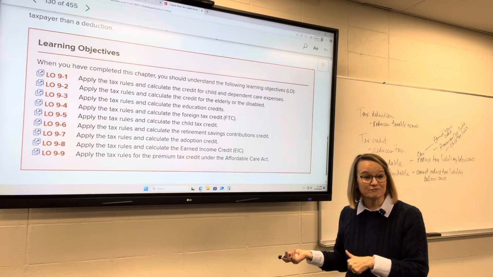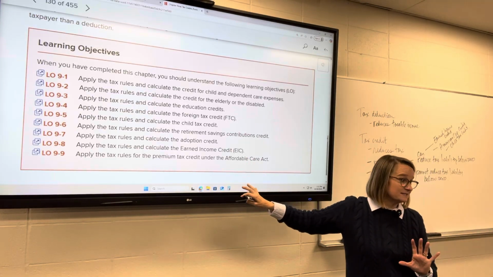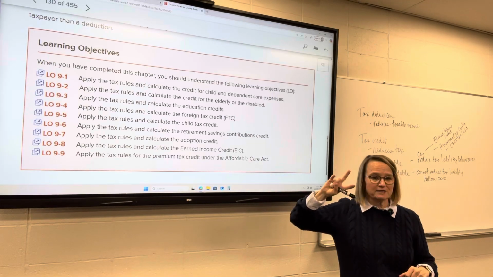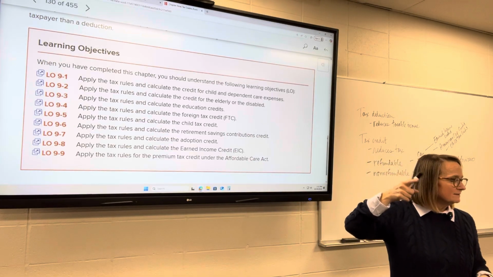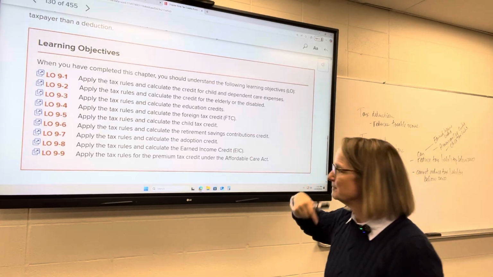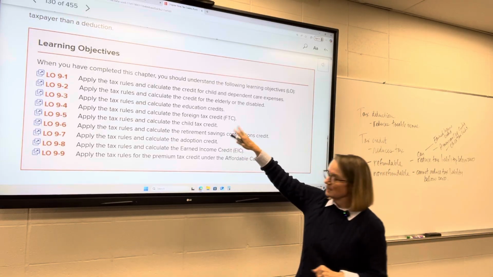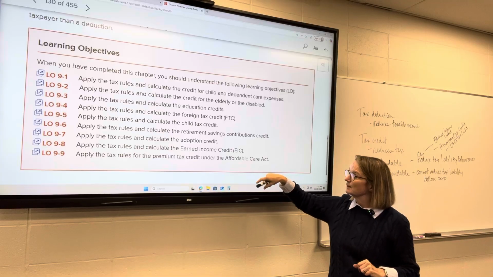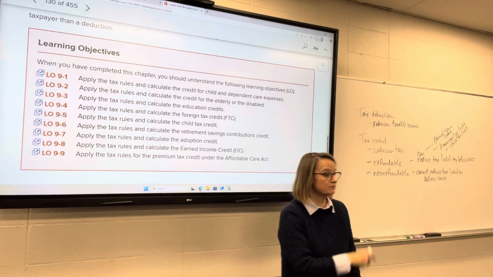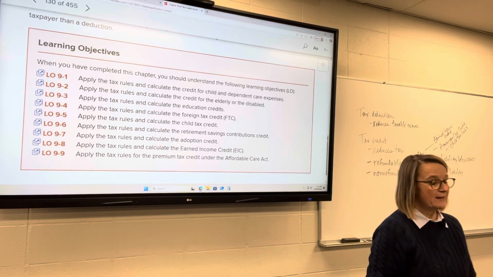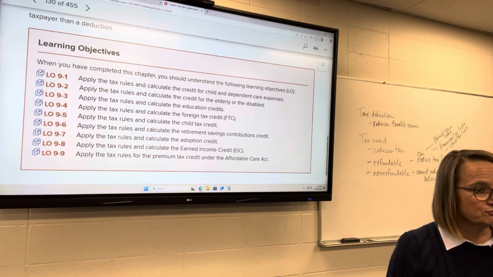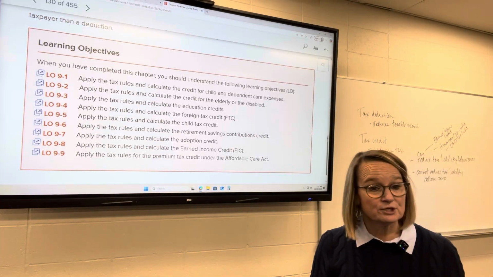This is one of those rare instances where you may get to double dip and get two tax benefits from one deduction or one expenditure. That's a rarity in the tax code, but that's one of those areas where it can apply. Adoption credit. There's a credit for individuals who pay expenses when they are adopting a child, and there are different rules depending upon the type of adoption.